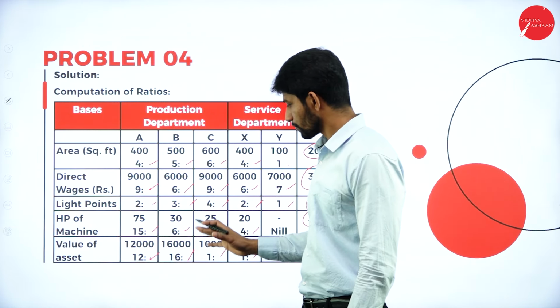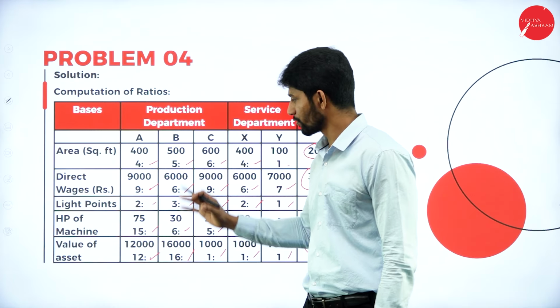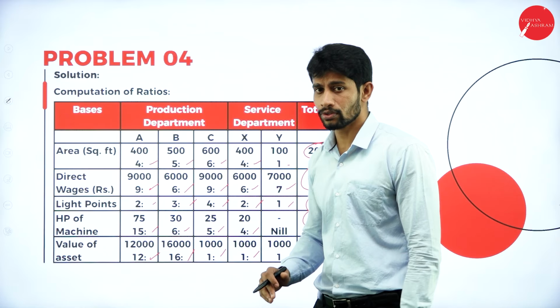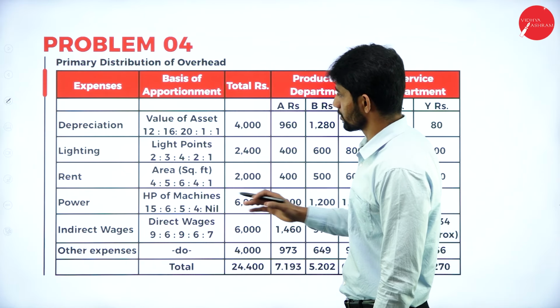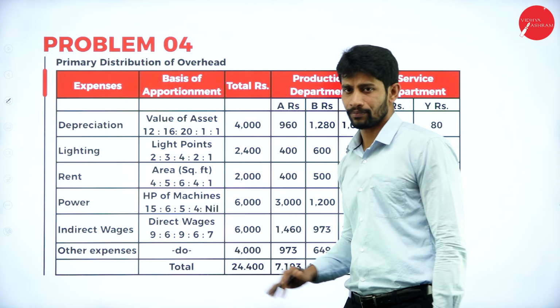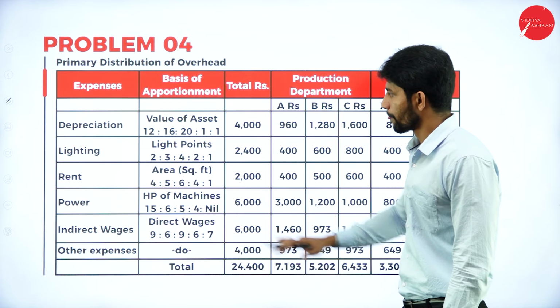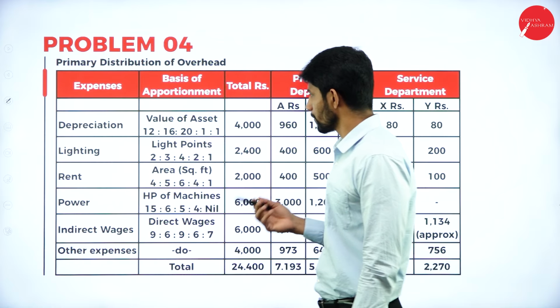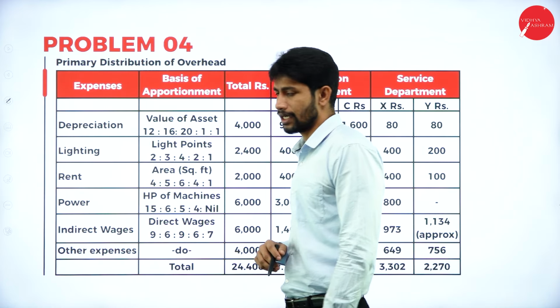So here, how are we supposed to solve? First, we are supposed to find out the ratio. After finding the ratio, we solve the problem. Next, depreciation is given. This is a primary distribution format. On what basis do we apportion depreciation? We apportion depreciation on the basis of value of asset, right?